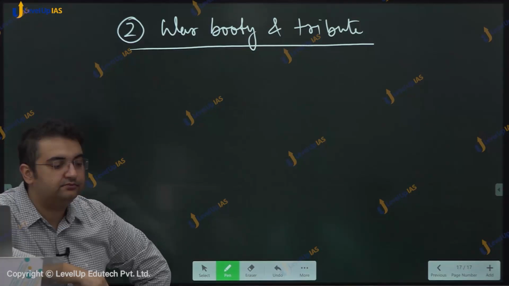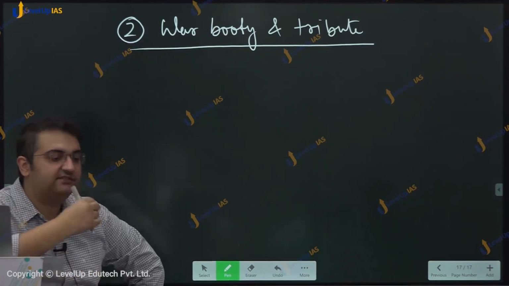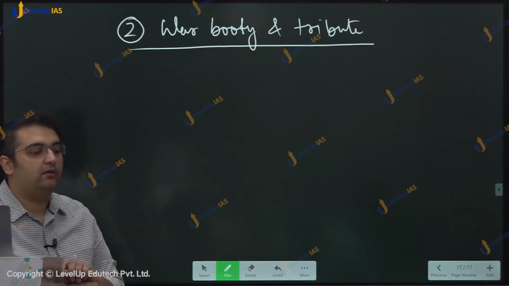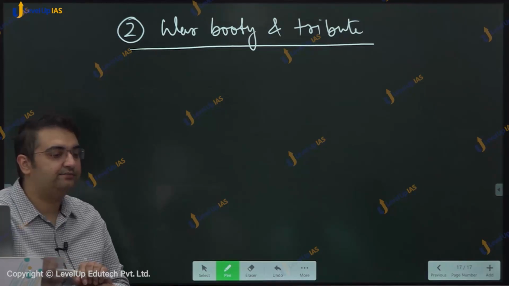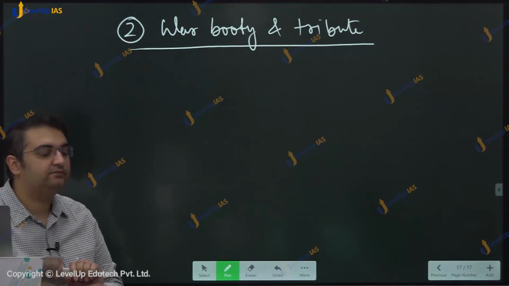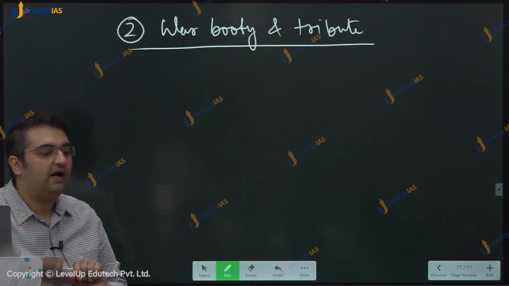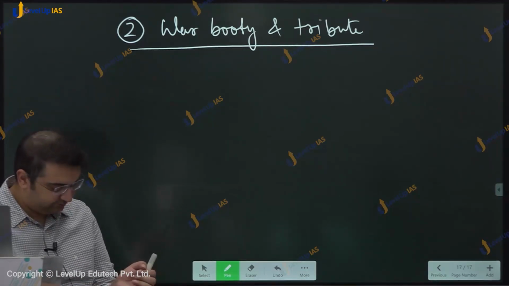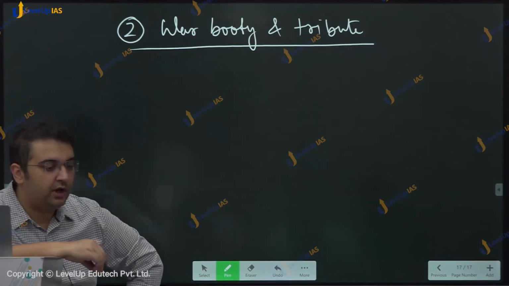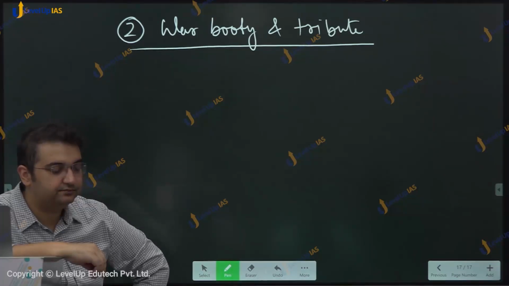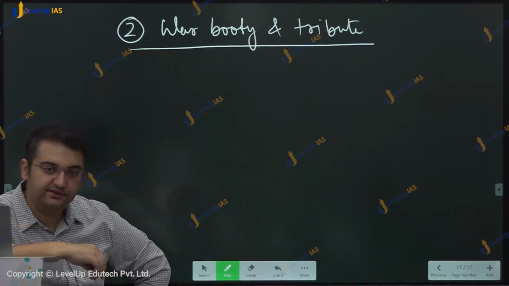Full stop. As such, war also emerged as an instrument to gain wealth by looting and collecting tribute from one's enemies. ठीक है? Is clear?